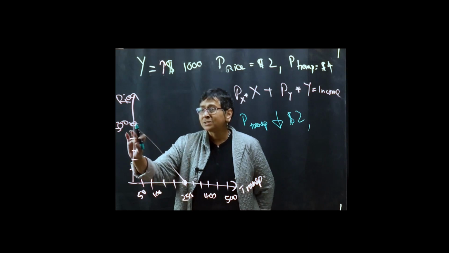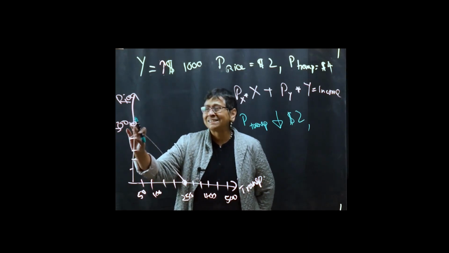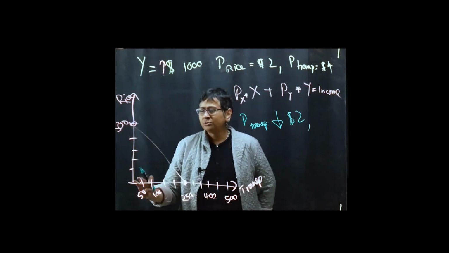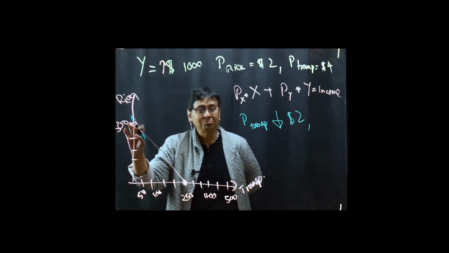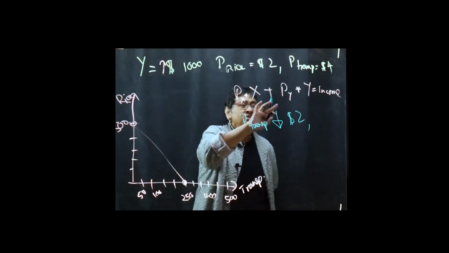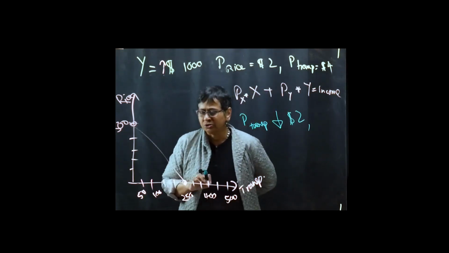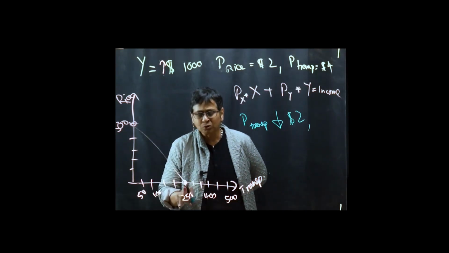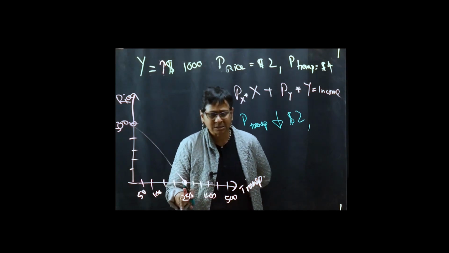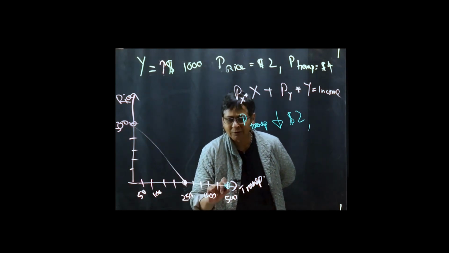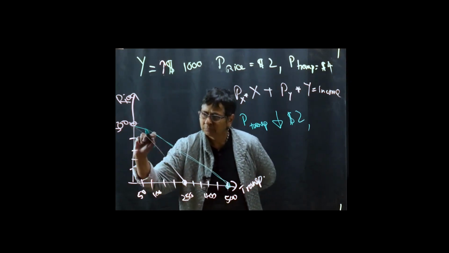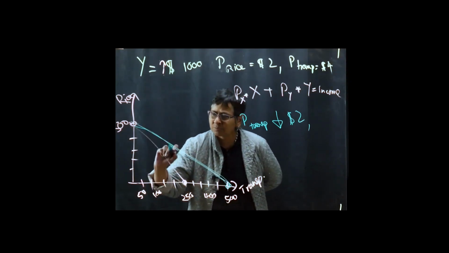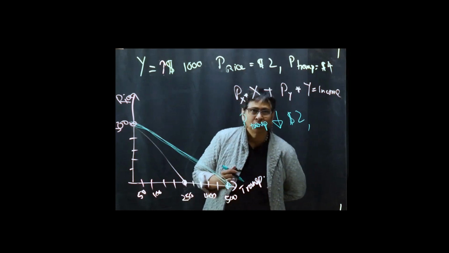What that means is while the price of rice is still $2, so that the maximum rice I can get is 500, the price of transport fell to $2. So where I used to only get 250 max, I can now get 500 max. This is my new budget constraint in green.